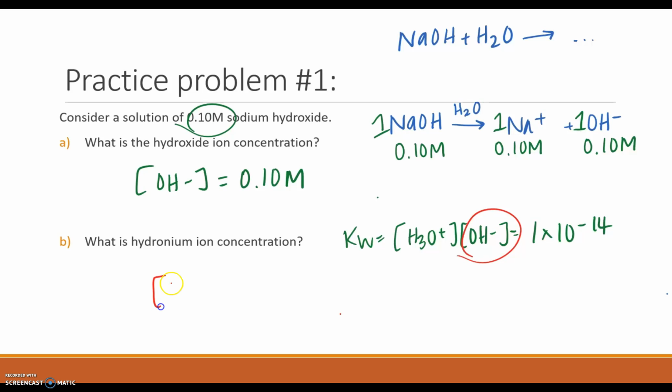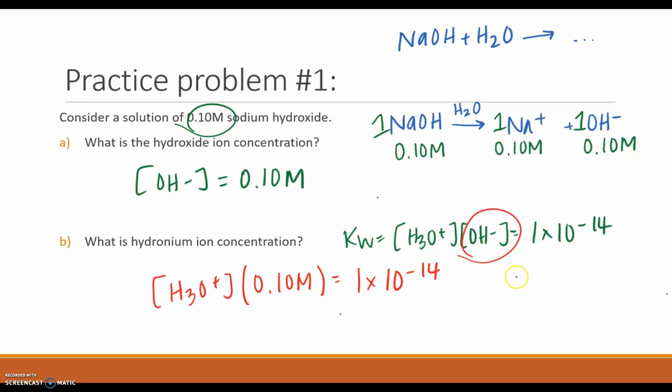So I'm going to write H3O plus times, and then we found the value up here, 0.10 molar equals 1 times 10 to the minus 14. So you're going to plug this into your calculator. So remember, the way that you're going to plug this in is 1, second, comma, negative 14 divided by 0.10.